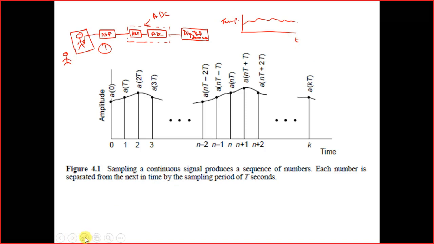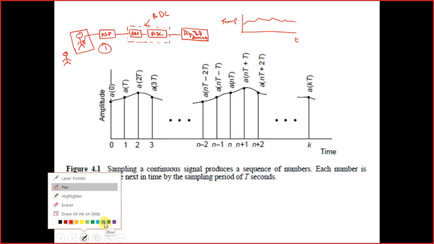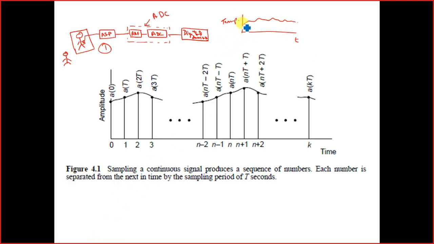Then when you sample it, at a particular instance you start sampling. That becomes the 0th instance. Then after some time, you sample the signal again, say time index 1.